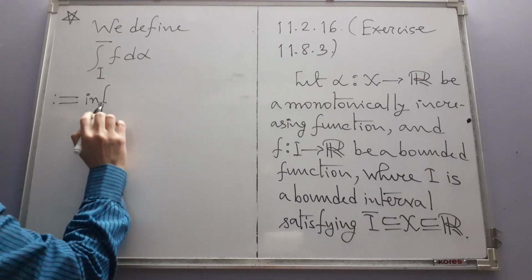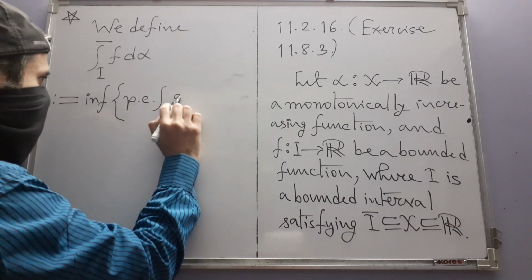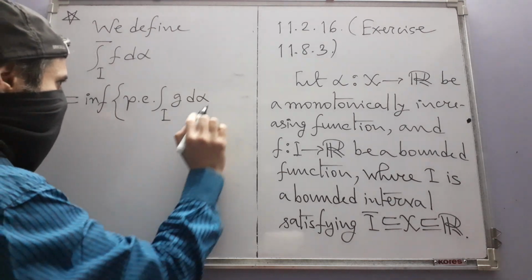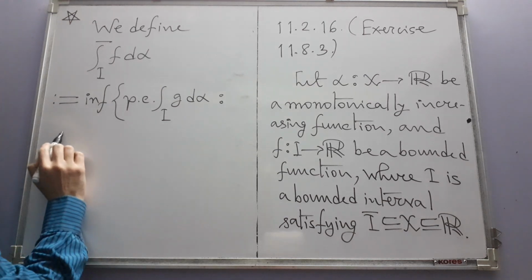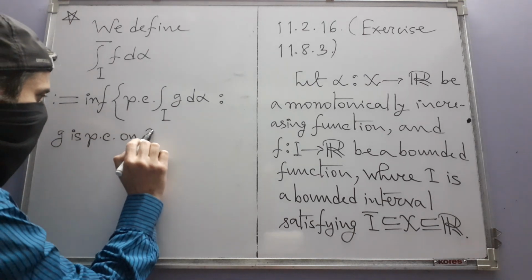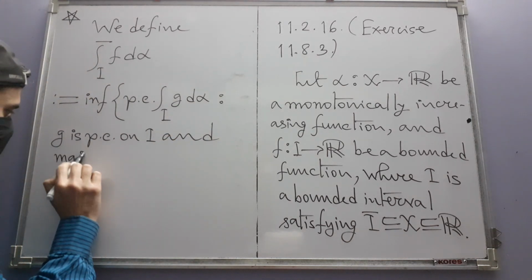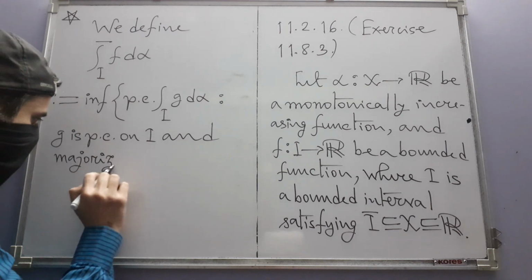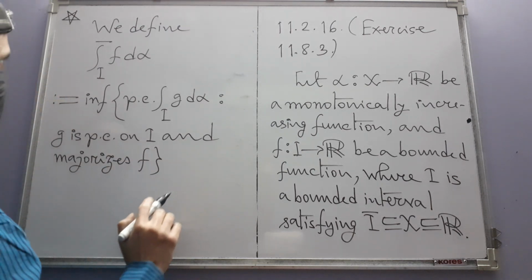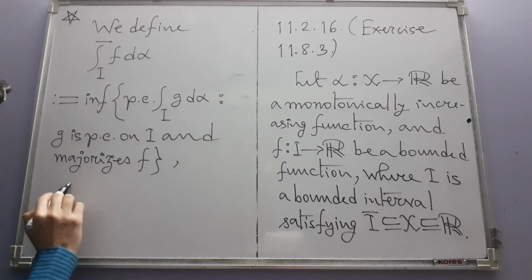So the infimum of the PC integral of G, but with that alpha, over I, where G is PC on I and majorizes f on I, that's understood. So this is our upper Riemann-Stieltjes integral.